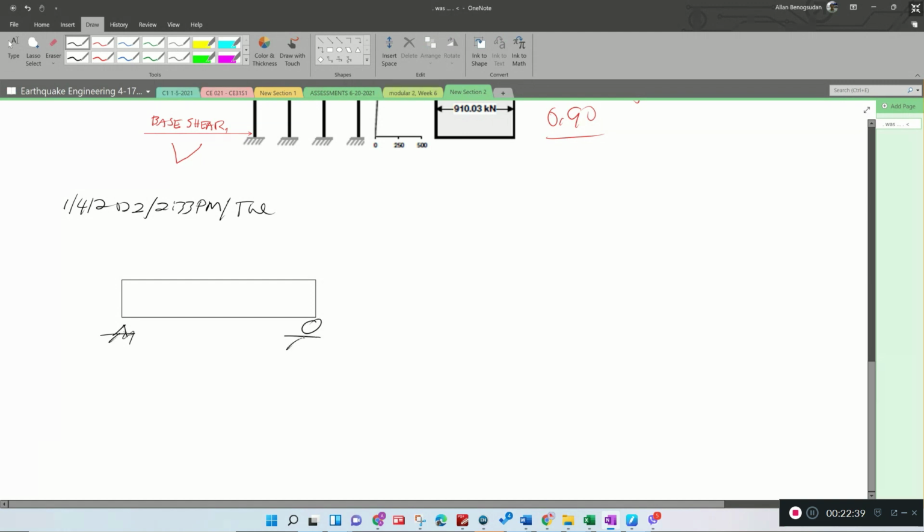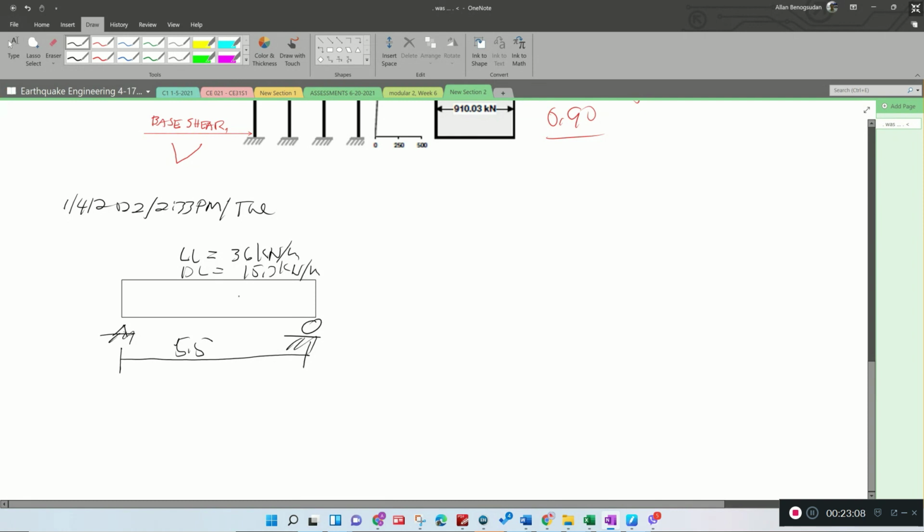Let me see if you can make it even during the exam. So this one is 5.5 meters, and this is given in the problem, but I put it right away here. Kilonewton per meter. Dead load is equal to 15.3 kilonewton per meter.